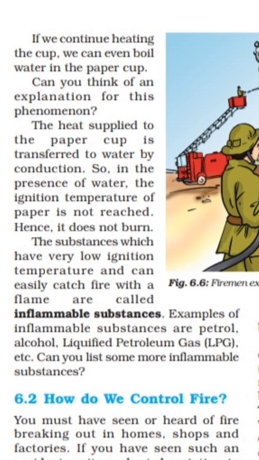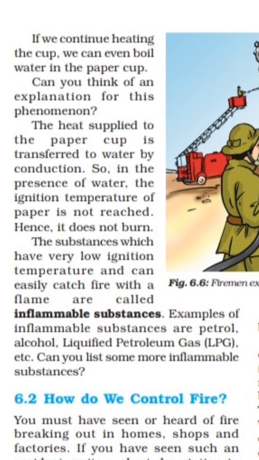Here, instead of substance, we will take combustible material. All combustible materials can burn easily and have their own ignition temperature, but from those, the substances which have very low ignition temperature and catch fire easily are called inflammable substances.